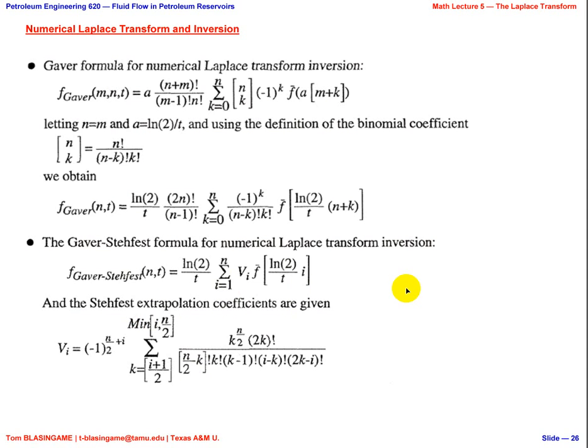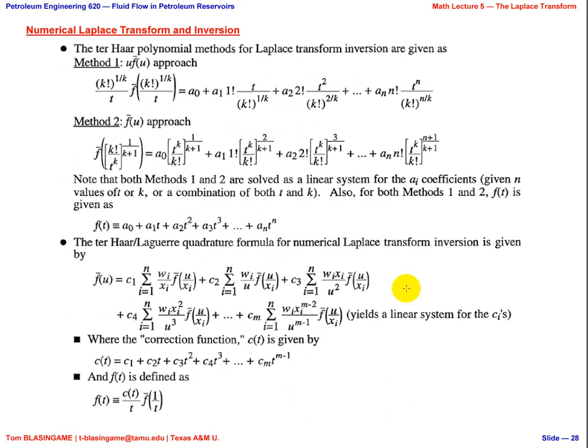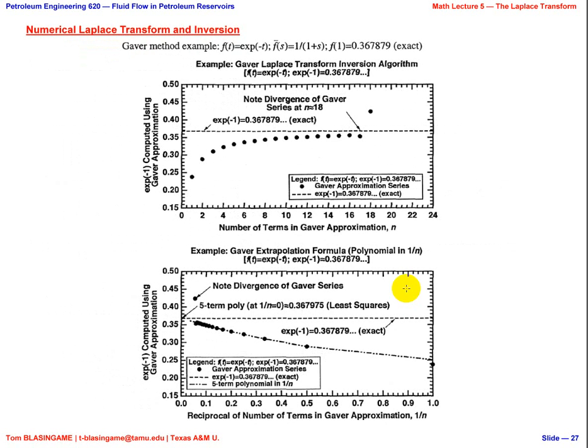This is more or less what we were talking about before. Since it is a numerical method, you may think that the more terms you use, the more accuracy you get. This plot shows you that not necessarily.